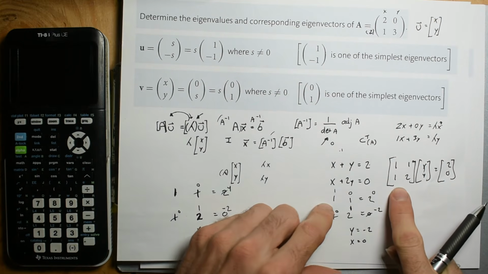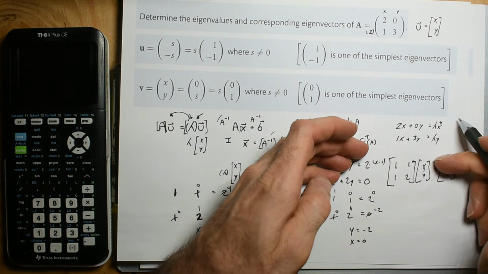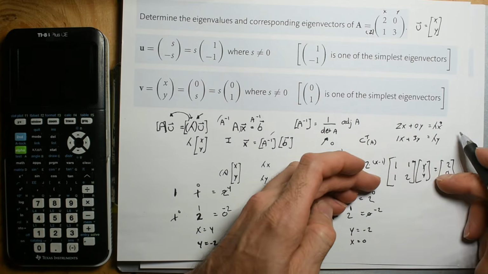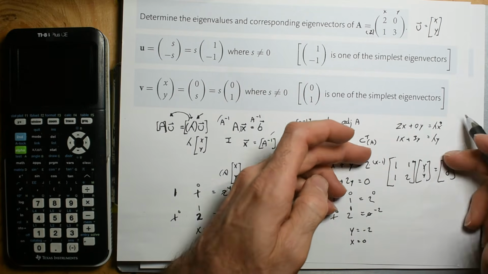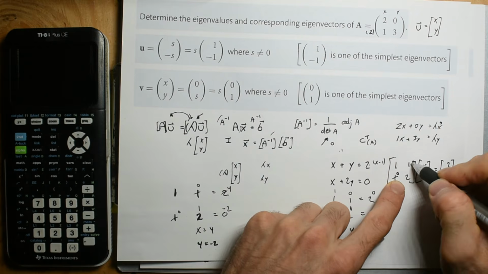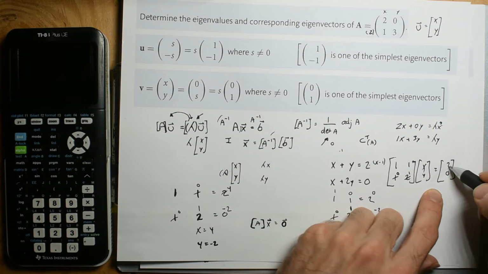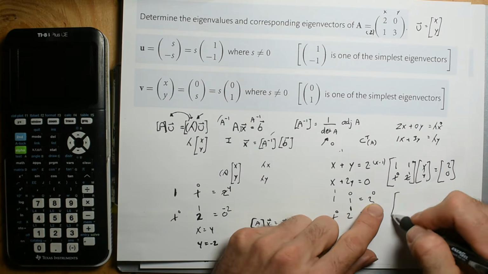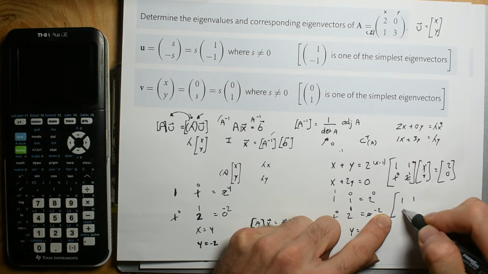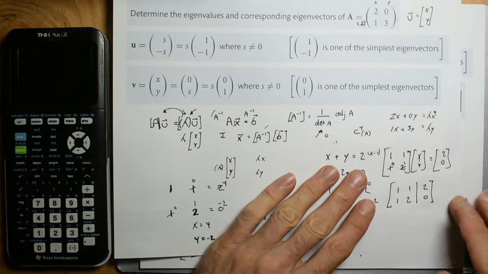When we do row echelon form, I'm going to multiply the top row by -1, then take the top row and add it to the bottom row. We would set this up as 1, 1, 1, 2, maybe in augmented matrix form.